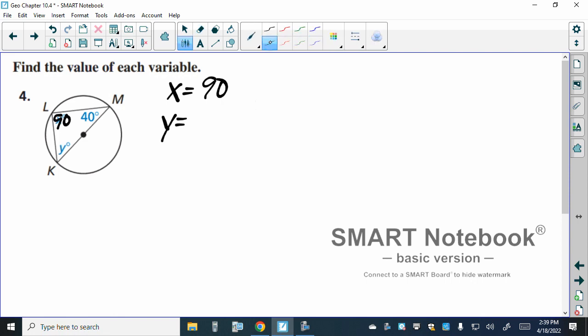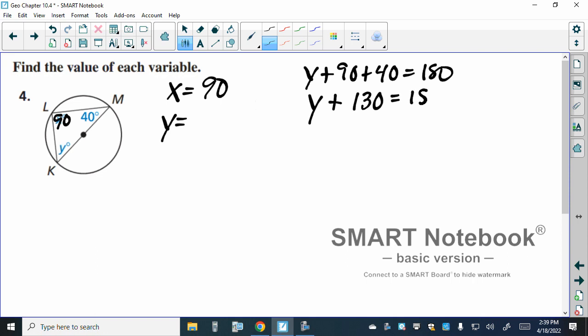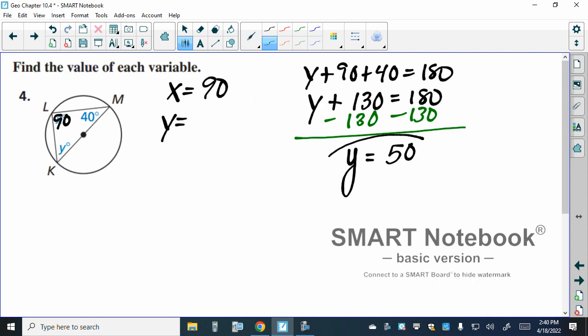What do we also know? Any three angles in a triangle have to add together to be 180. So we could say y plus 90 plus 40 is equal to 180. We're going to add 90 and 40 together, which is 130, and then subtract 130 from 180, which gives us 50.